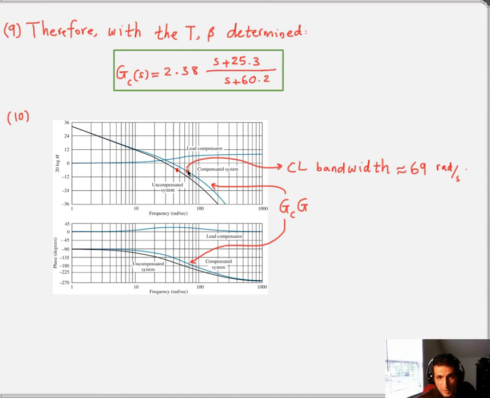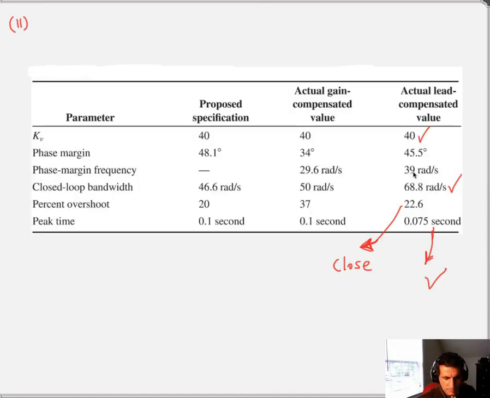For the uncompensated system, that was 10, 20, 30. It was somewhere here, but now it's pushed to somewhere around 69 radian per second, which is definitely more than what we want, but that's fine. It's definitely not less than what we want.